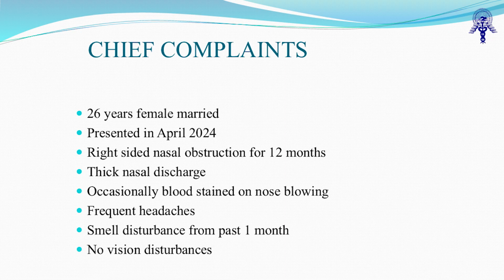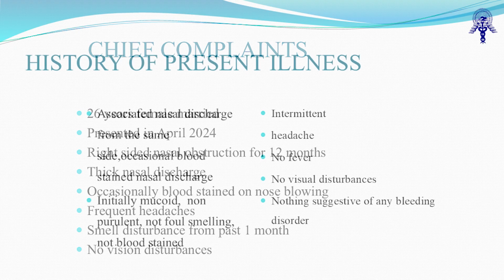Please note that it is blood stain only on blowing the nose, but not a bloody nasal discharge. Occasionally and frequent headaches the patient has, and in the recent past 1 month or so the patient is having smell disturbance as well, which can be hyposmia or anosmia, and the patient does not complain of any visual disturbance.